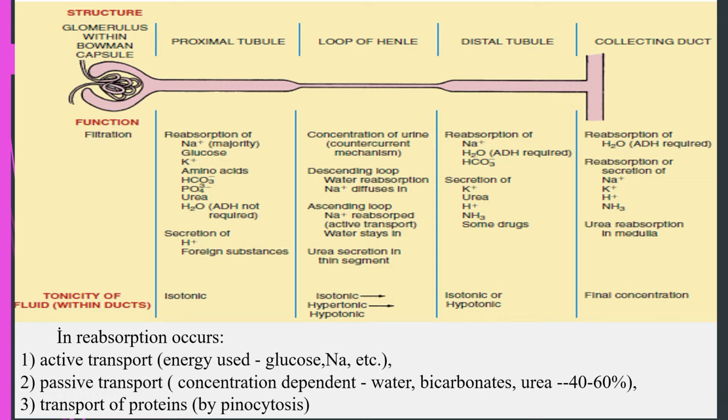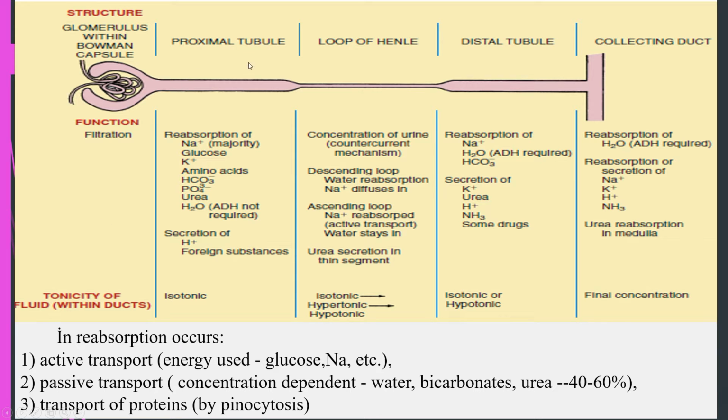Now, the nephron, as I always say, in the figure. The nephron consists of the glomerulus, situated in the Bowman capsule. Next, the proximal tubule and loop of Henle, the distal tubule, and the collecting duct or tubule. There reabsorption occurs by active transport, passive transport, and transport of protein.